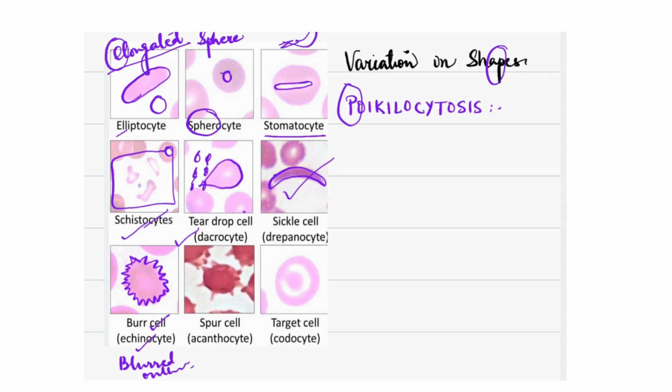So when the outline is blurred, like a blob, fluffy, then it's a Burr cell. Okay. Again, a spur cell. Now it is called an acanthocyte, but S for spikes. Okay. And S for spur. So if you remember spur, if you remember spikes, the combination of spur and spike is called an acanthocyte.